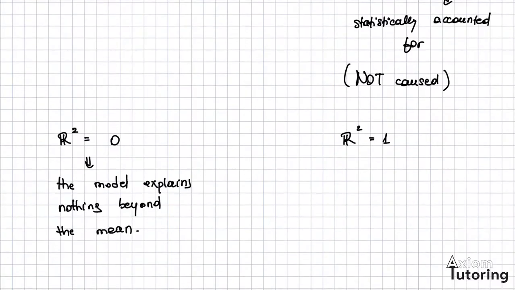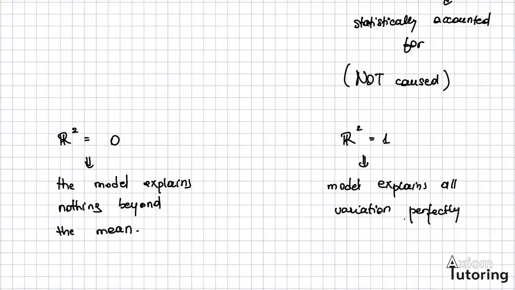And if r squared is equal to 1, which in most of the studies you'll notice is never the case, and usually whenever we see an r squared which is equal to 1 or very close to 1, we always have to look a little bit beyond the model to see what is really happening for us to really be getting this kind of big number. But ultimately, based on the definition that we have, we would say that the model explains all variation perfectly.